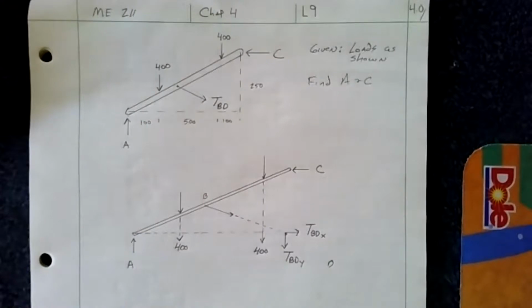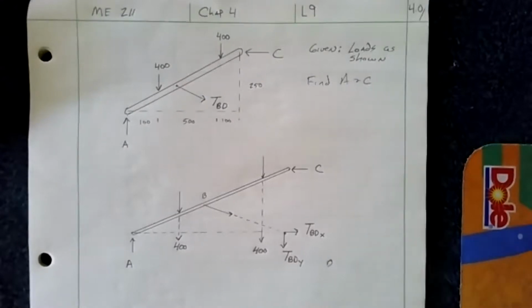So if we try to sum the forces in the y, what do we have? We have A and we have TBDY. If we try to sum the force in the x, we have C and TBDX. If we try to sum the moments about A, we still have C and this force. So the question is, how are we going to do this? It seems like we have too many unknowns.